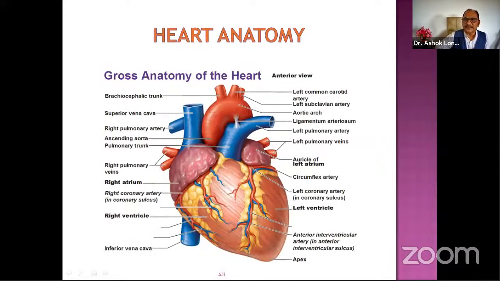The general anatomy of the heart. Structure-wise it looks like a lotus bud. Here are the major vasculature, the large vessels: the aortic arch, left pulmonary artery, superior vena cava, right atrium, right auricle, right ventricle, and left ventricle.